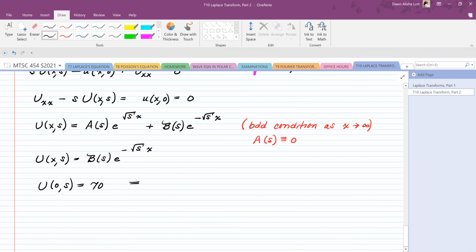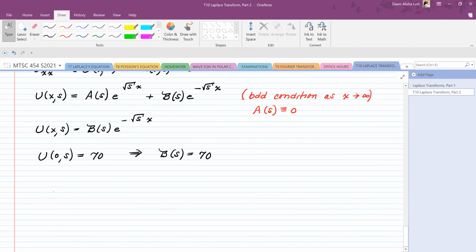So that implies that B of s is 70. So therefore U of x and s is equal to, oh, I apologize, that is 70 over s.